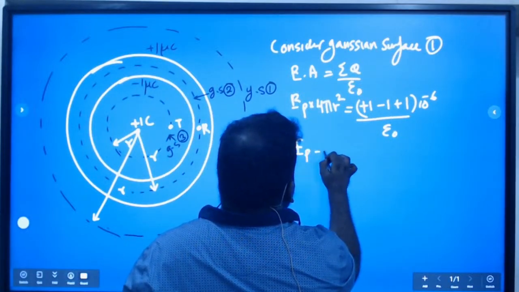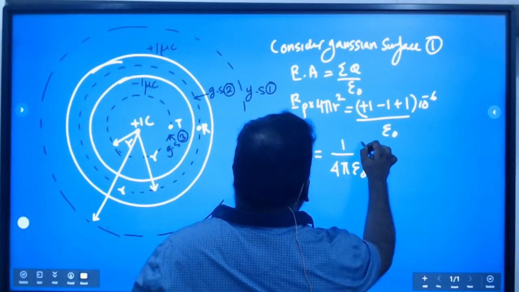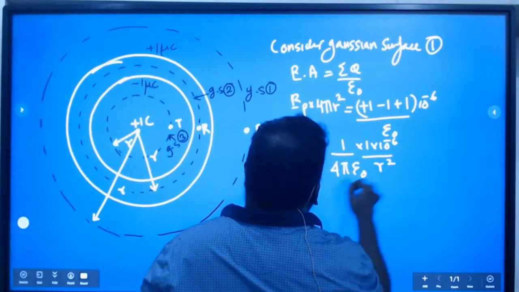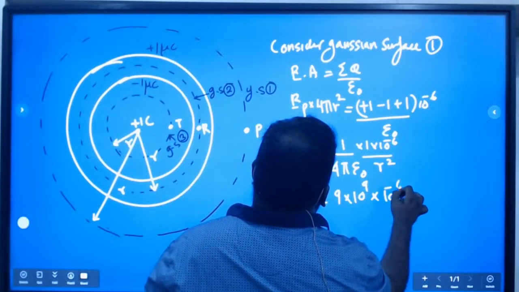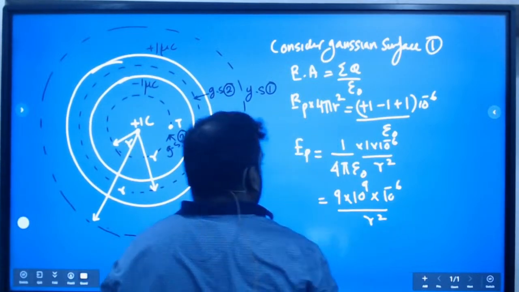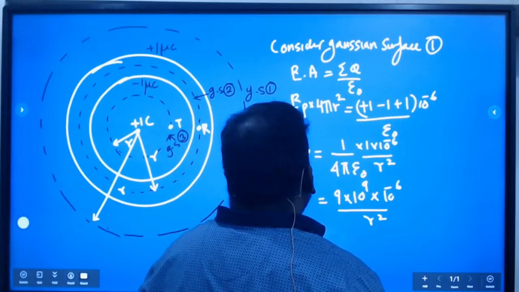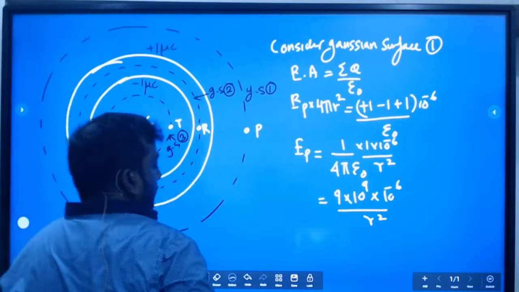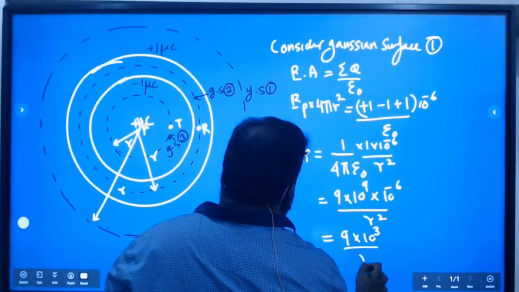Electric field strength at P is 1 over 4 pi epsilon naught times 1 microcoulomb divided by r squared. 9 times 10 to the power 9 times 10 to the power minus 6 over r squared. Here 9 times 10 to the power 3 divided by r squared.